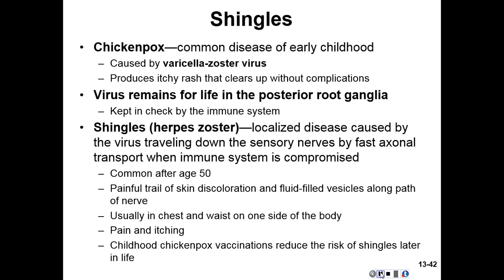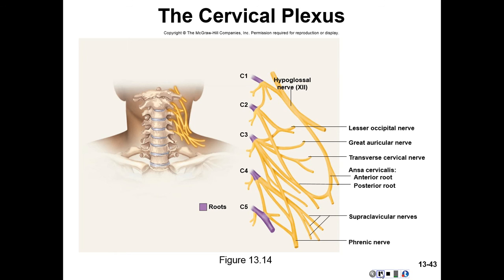It's common in people 50 or older. Symptoms are discoloration and fluid-filled, painful vesicles that follow the path of the nerves. Again, the chickenpox vaccine does not reduce the risk of an adult getting shingles, and a lot of times it's a stress-related incident that brings on this complication.